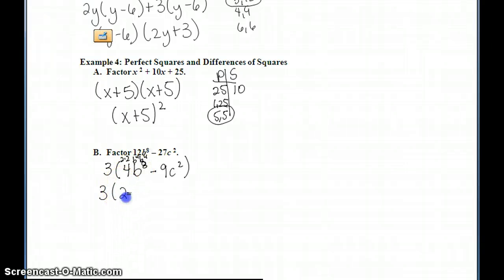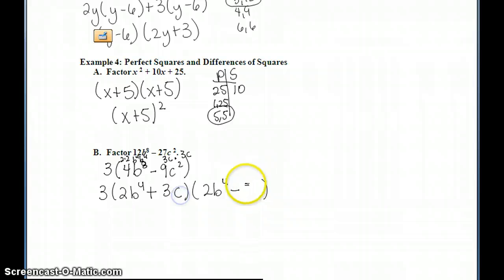So what goes here and here is the 2b to the 4th, because that's what multiplies together to get 4b to the 8th. And then I'll do a plus or minus, and my 9c squared is the same thing as 3c times 3c. So those are repeated, so those go here and here. And then that is fully factored.